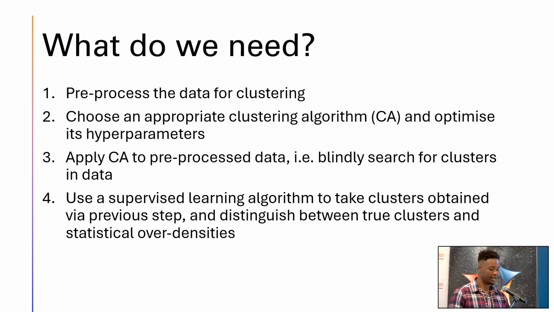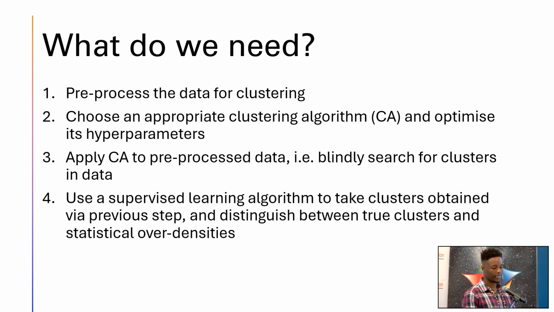And then, besides that, use some kind of supervised learning algorithm that would allow you to distinguish between actual clusters and statistical overdensities. Because when you apply a clustering algorithm, you tend to pick up things that are not necessarily clusters in themselves, and so you need a way to distinguish between what is real and what isn't.